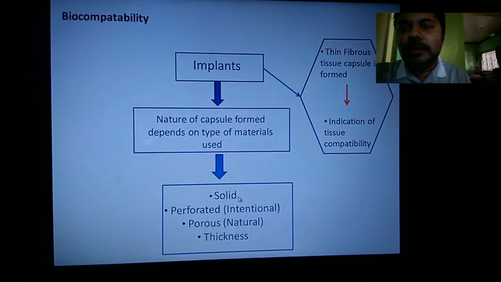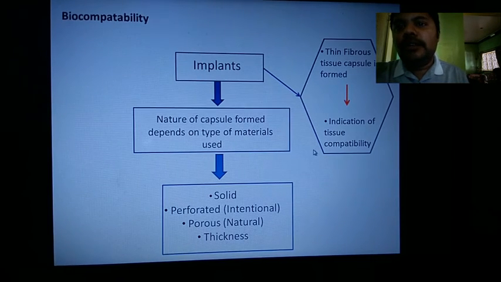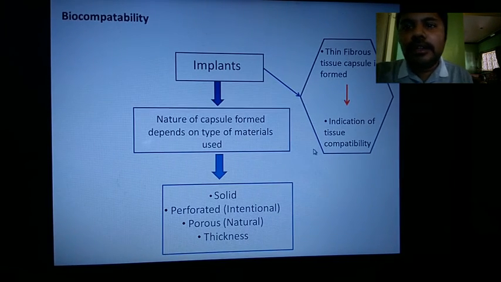The implant material may be in the form of solid, perforated type, porous type, and thickness type. Depending on the nature of the implant, whether it is solid, perforated, or porous, the fibrous capsule will change. Finally, tissue compatibility is increased when we implant the alumina implant in the human body.